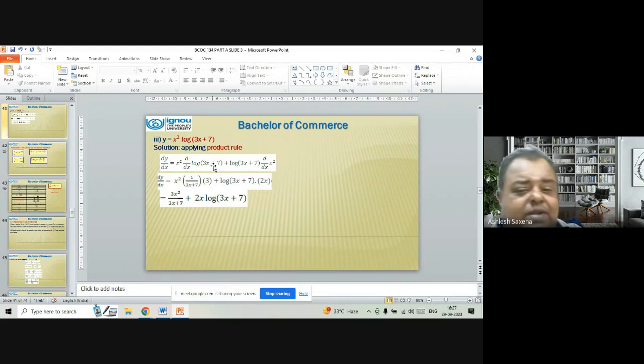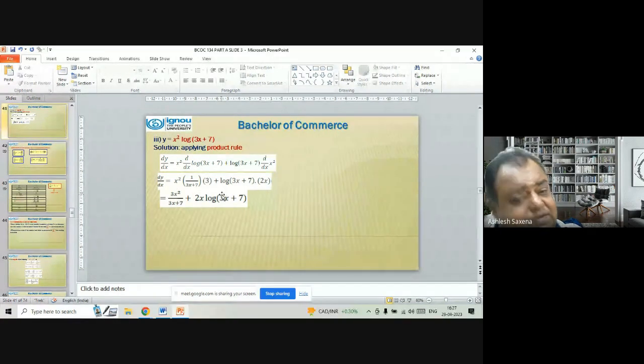That means it will be x squared into 1 upon (3x + 7) into 3. The derivative of 3x is 3. This function will come as it is and the derivative of x squared is 2x. We are left with 3x squared upon (3x + 7) plus 2x log(3x + 7).